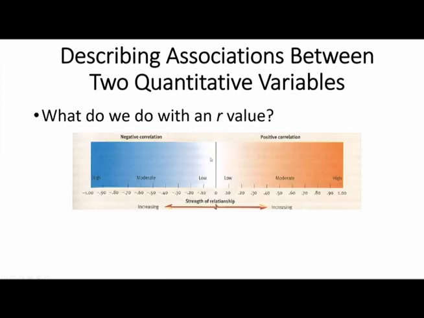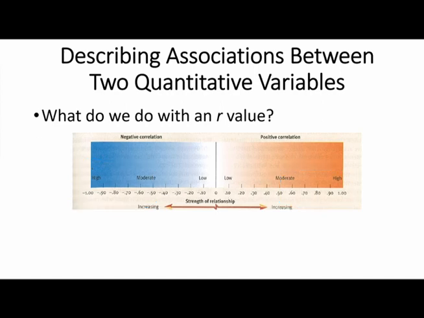Now, looking at this graphic, anything in this range on either side falls into the high category. You might think that's kind of extreme, because low and medium are only in this little bit in the middle.